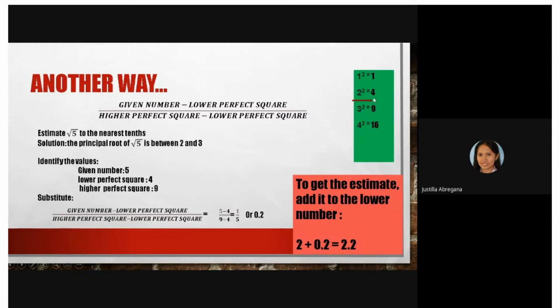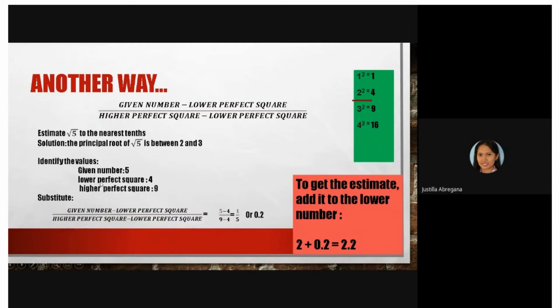So meaning 5 is in between 4 and 9. That is why the principal root is between 2 and 3. So we will identify the values. The given number is 5, the lower perfect square is 4, and the higher perfect square is 9.